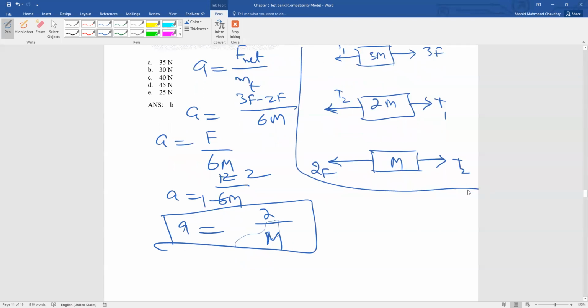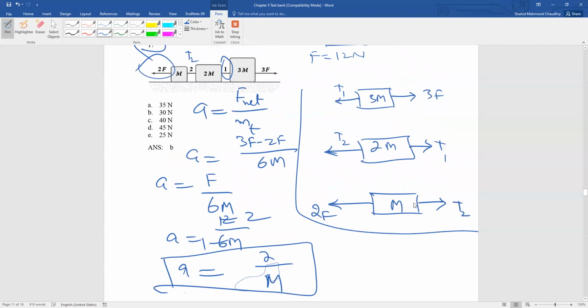After finding acceleration, now write the equation for the 3M mass. You can see the force is in this direction, so surely this whole system will move in this direction.